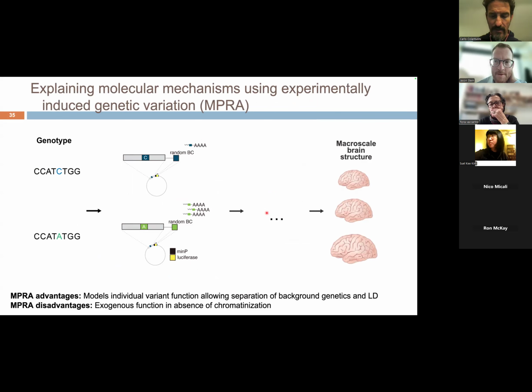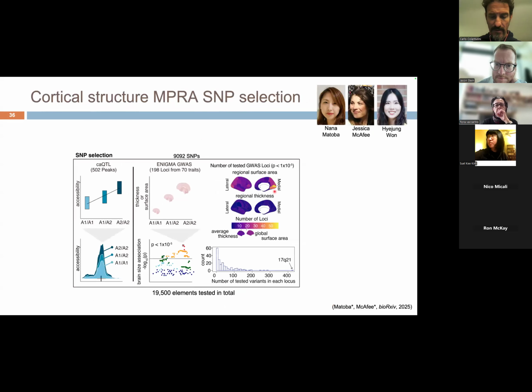And here you chose, I'm just trying to remind myself and the audience of what you did, specific regions that you thought were particularly interesting and explored their phenotypes. Is that right? Well, we chose every genome-wide significant locus associated with inter-individual differences in cortical surface area or thickness.